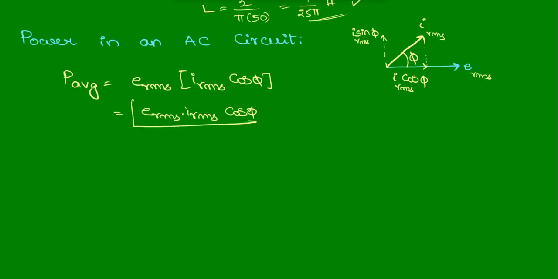This is one equation what we have to remember. And the other equation will be like this, E naught by root 2 into I naught by root 2 into cos phi, which is equal to E naught I naught by 2 into cos phi.